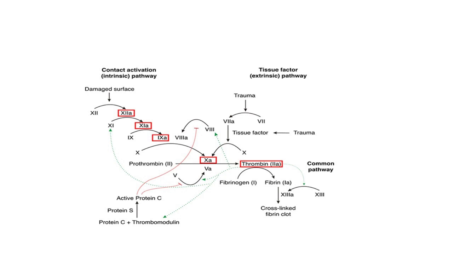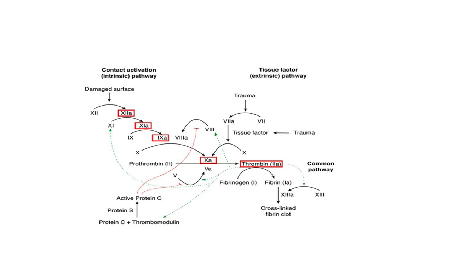Factor Xa, together with factor Va, forms the prothrombinase complex, which converts prothrombin, or factor II, into thrombin, also known as factor IIa. Thrombin plays a central and critical role. It converts fibrinogen into fibrin monomers, which polymerize to form a fibrin network.